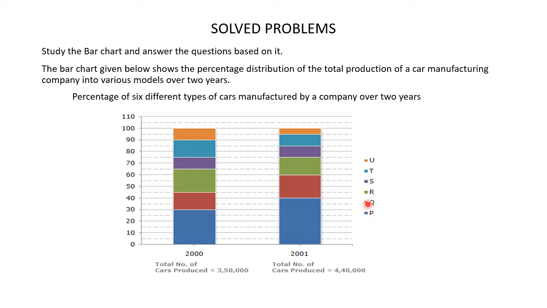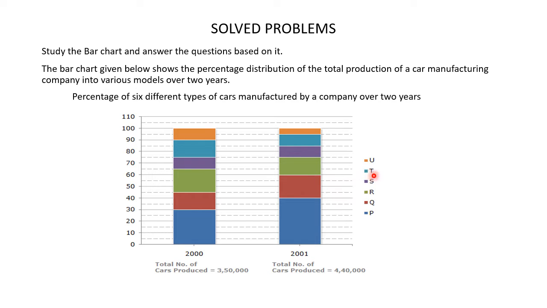Also it is given that here different colors are given for different types of cars. So dark blue color represents P type of cars. Red color represents Q type of cars. Green color is for R type of cars. Purple color represents S type of cars.